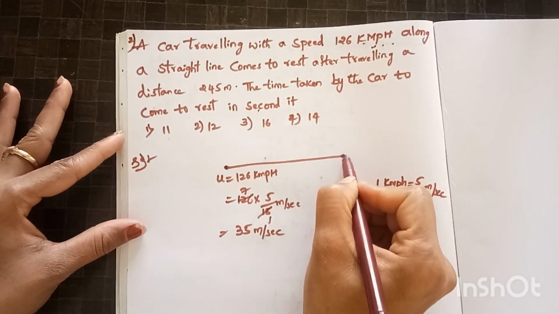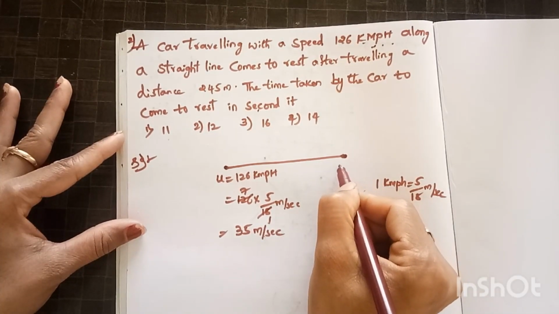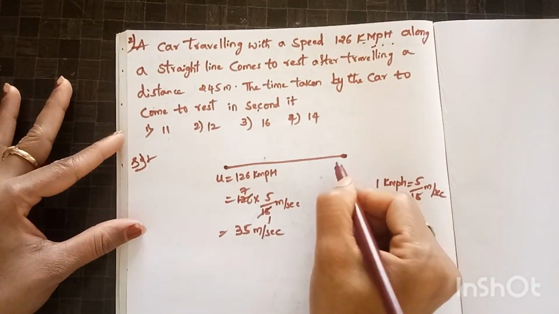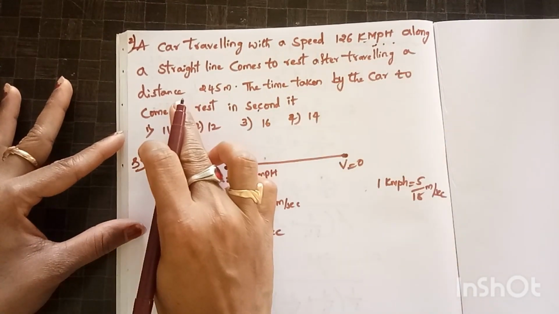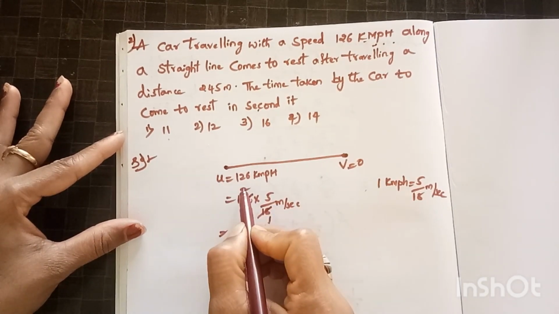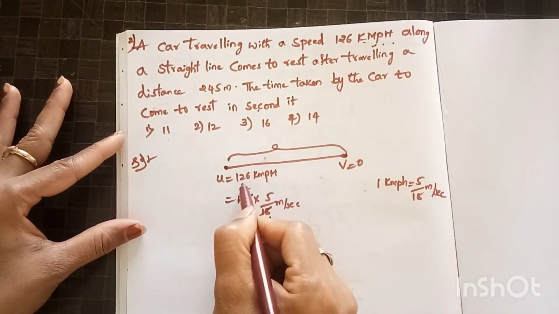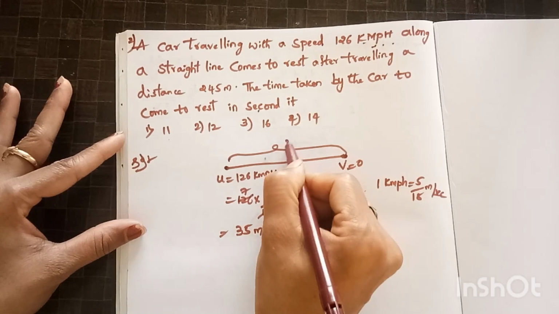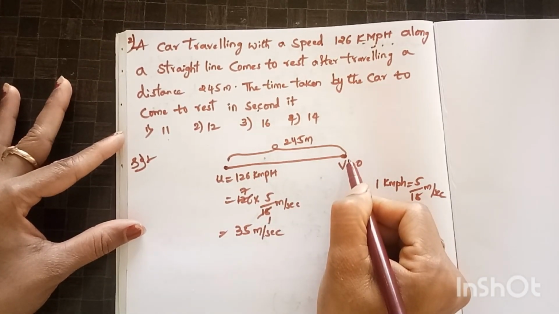We are considering it as the rest point. Coming to rest means the velocity will become 0. V will become 0 after traveling a distance of 245 meters. So the car is traveling at 126 kilometer per hour and travels a distance of 245 meters and comes to rest.